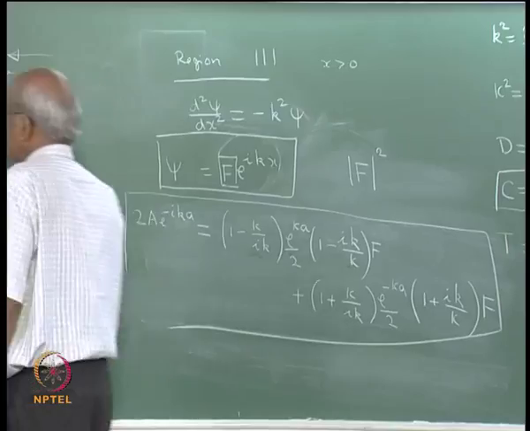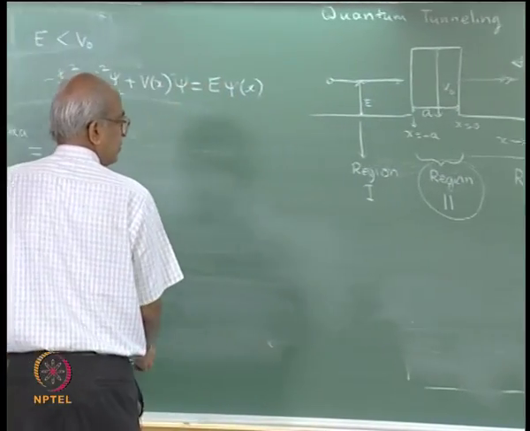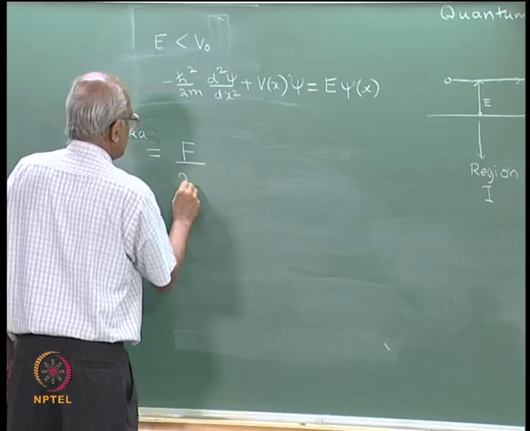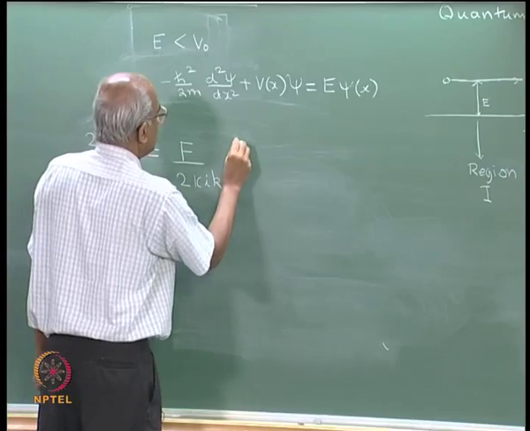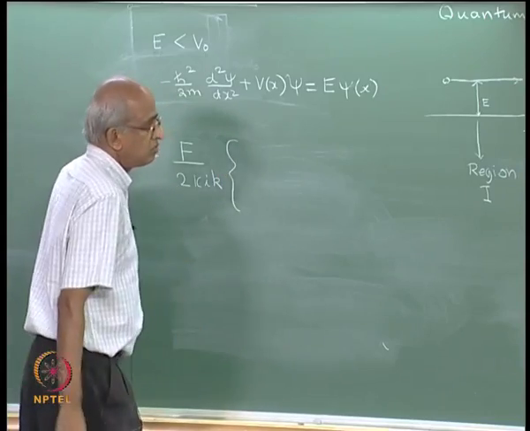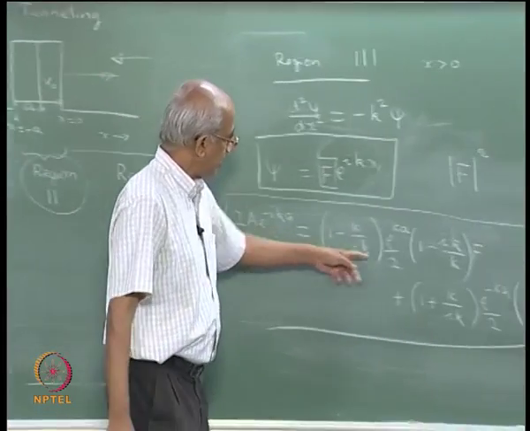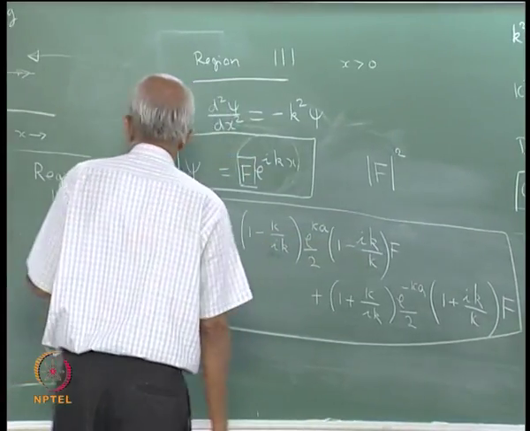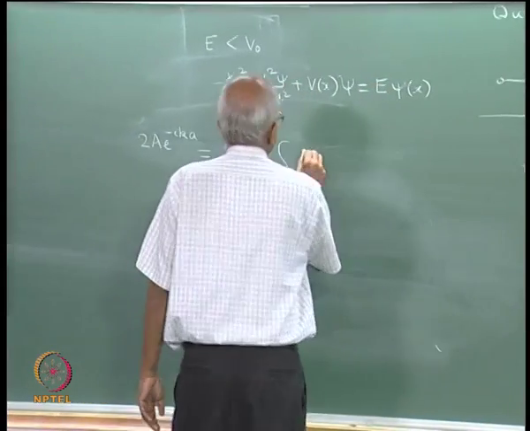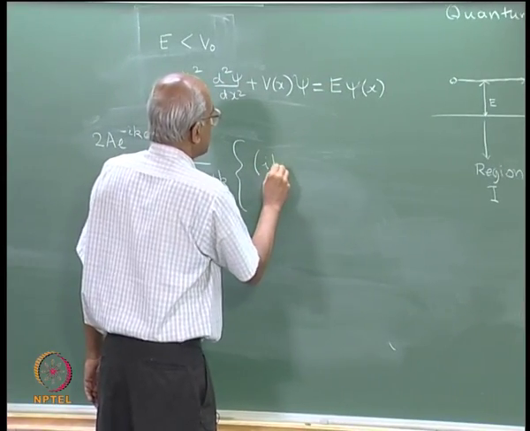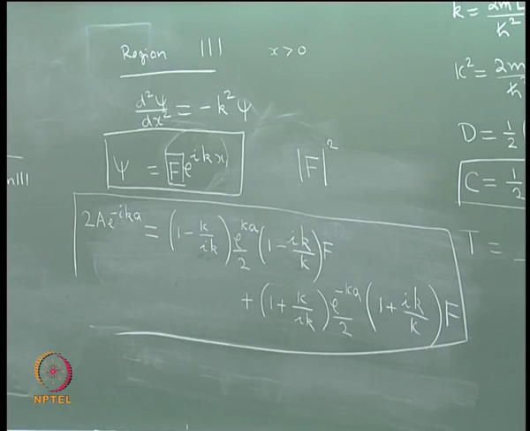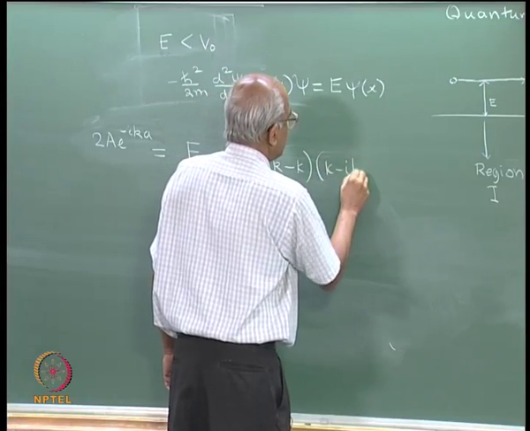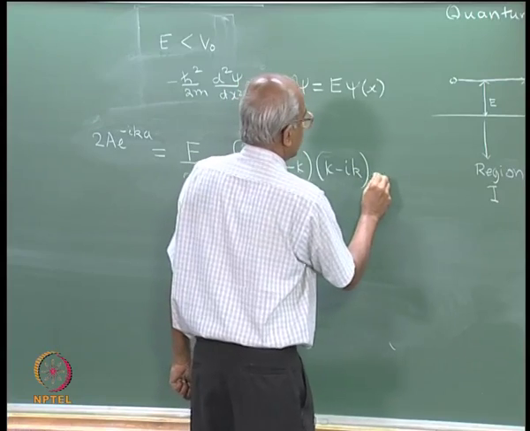So, what I am going to do is write this as f divided by 2 kappa ik into something. So, this ik I have taken out, that kappa also I have taken out. So, naturally what I am going to get is ik minus kappa into kappa minus ik e to the power of kappa a.